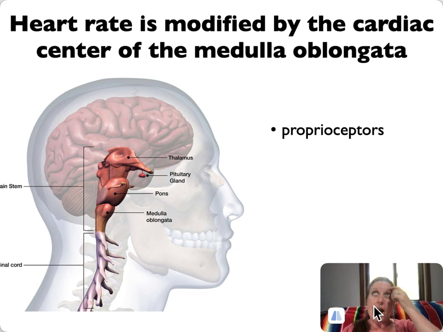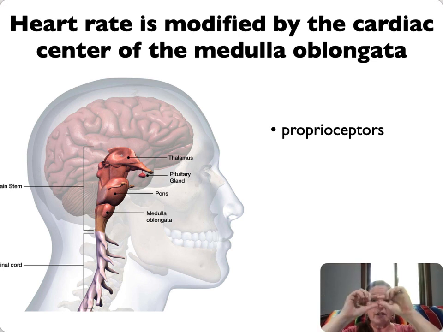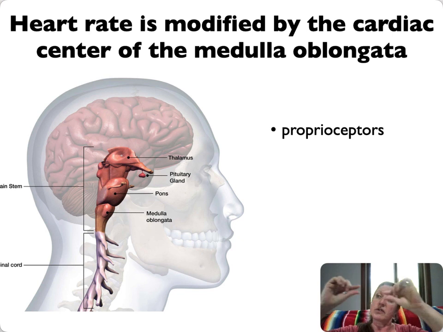Now, things that cause the medulla oblongata to change the heart rate include information from proprioceptors. Proprioceptors are receptors that are sort of wound around the skeletal muscle fibers. So we have these super long skeletal muscle fibers, and proprioceptors are sort of wound around that.